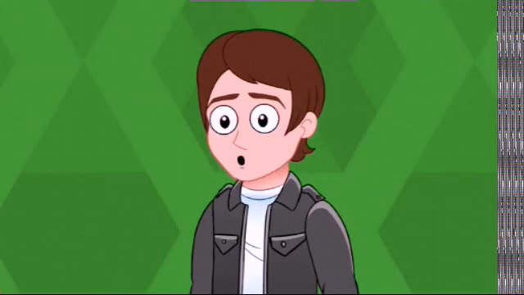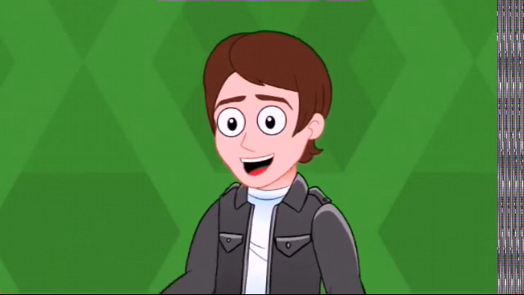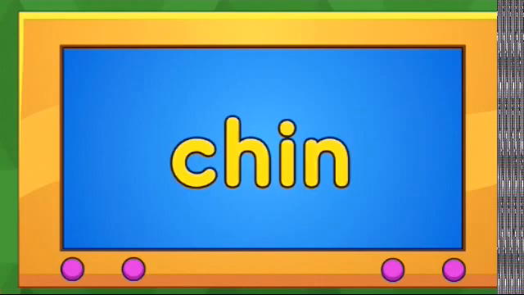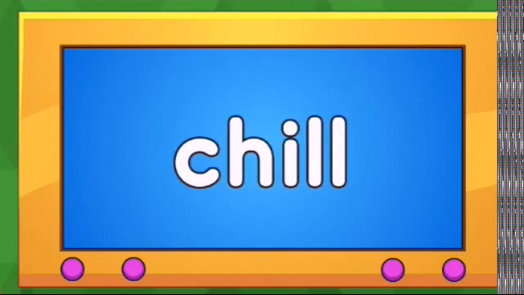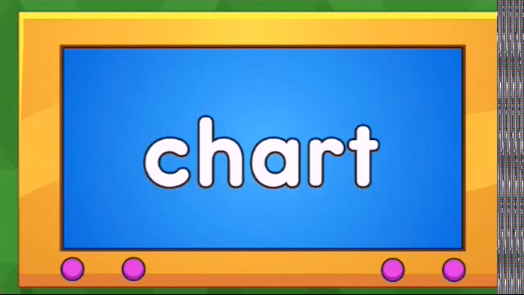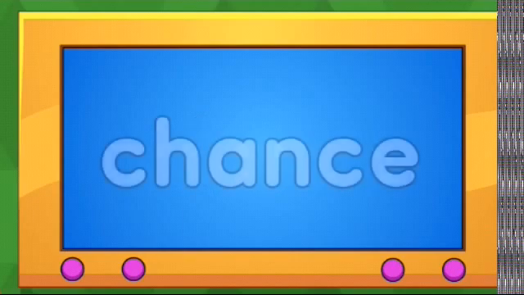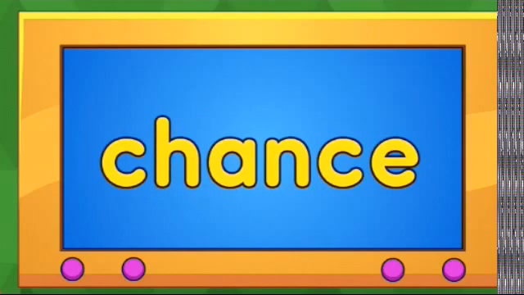Great job! Now, see if you can read these words before me or along with me. These words have the letters C-H. Chin. Ch, ch, chin. Chill. Ch, ch, chill. Chart. Chess. Chance.